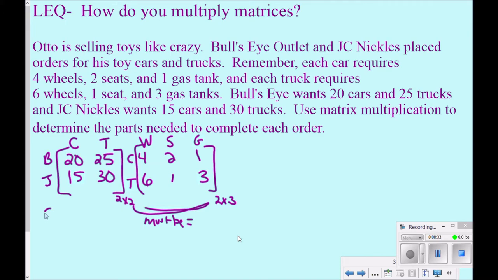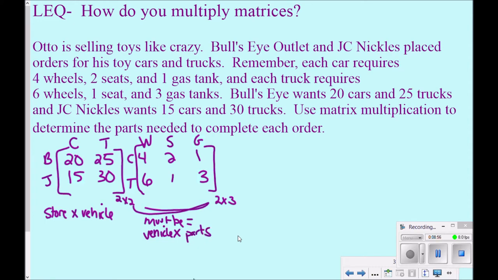So we could call this the store by vehicle matrix. The second matrix, we have the vehicles on the rows and we have the parts on the columns. So we could call that the vehicle by parts matrix.